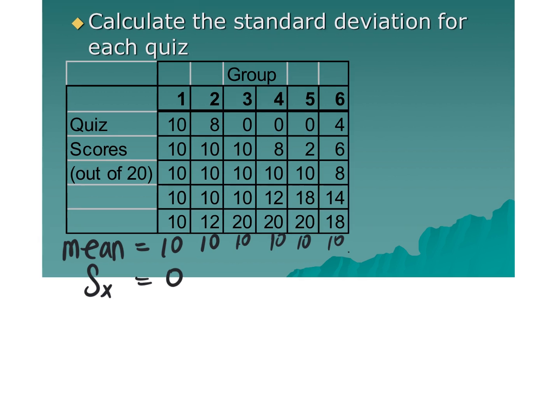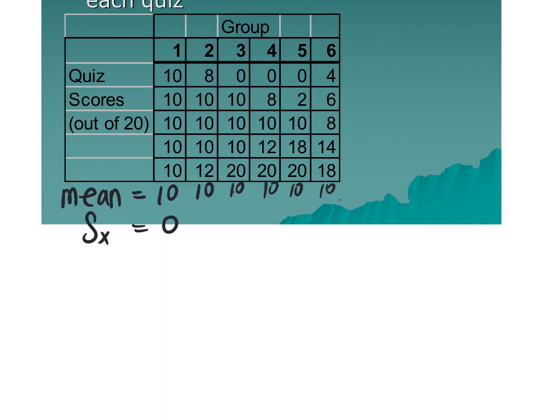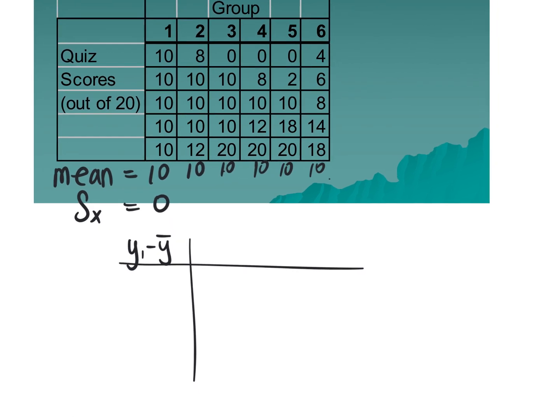So we'll do our little y_i minus y bar. Okay, we're going to make a little table. And then we'll do y_i minus y bar, squared. That's what we need to find.